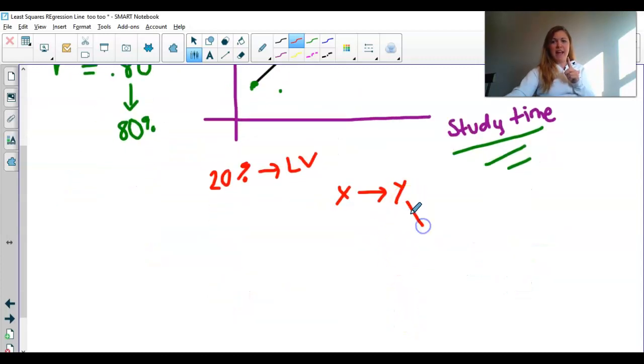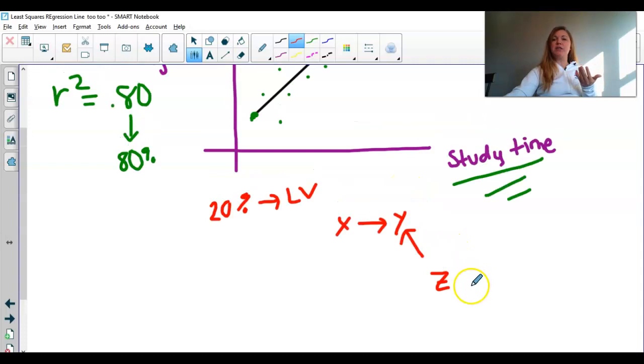But there's something else out there that's also influencing Y. And that's a lurking variable, okay? So 80% of the change in Y is because of X, the study time, but there's another 20% out there that is affecting it. Well, what else could affect your grades? Maybe how much you slept last night, how much you ate, if you're having relationship issues, if you're stressed because of COVID, whatever it may be, okay?